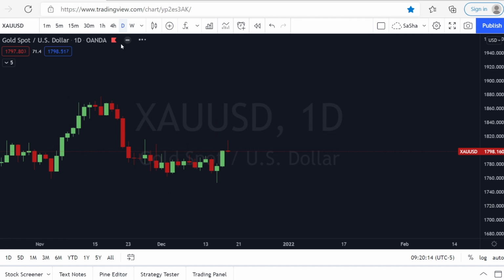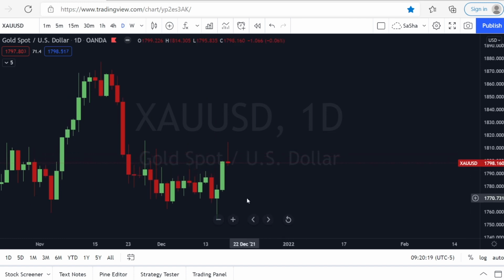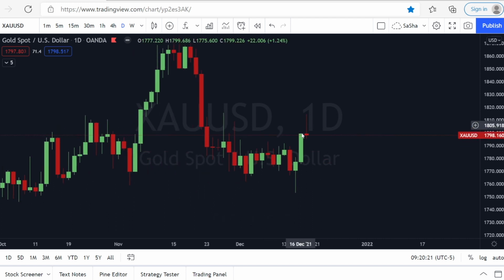But if we look at the daily setup, the daily is forming a very nice pin bar to the downside, right? A big rejection candle from the top, whereas this candle on Thursday was absolutely bullish, and we had a Wednesday FOMC move that pushed the price to the top side, right?